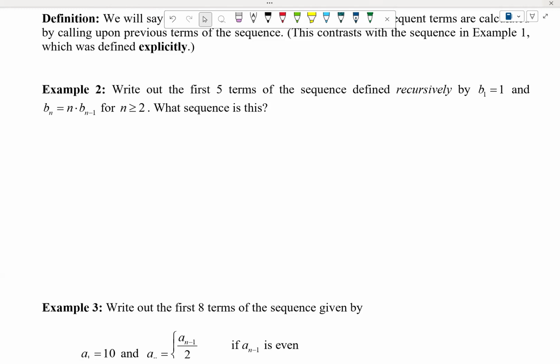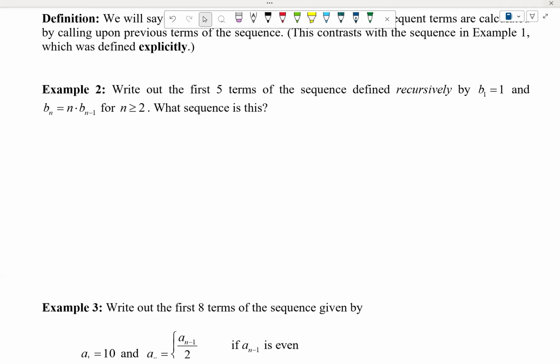That sub n minus 1 just means a previous term. And this is just when n is greater than or equal to 2. So if I want the 100th term, b sub 100 equals 100 times the 99th term. If I want the 100th term, I need the 99th term. Does that make sense? So I can't just go to whatever one I desire.